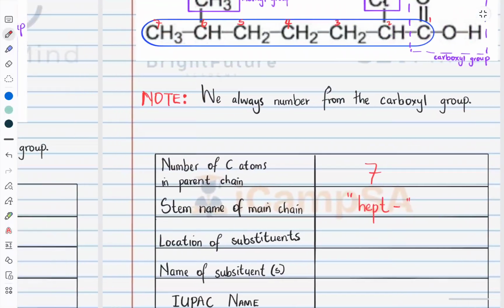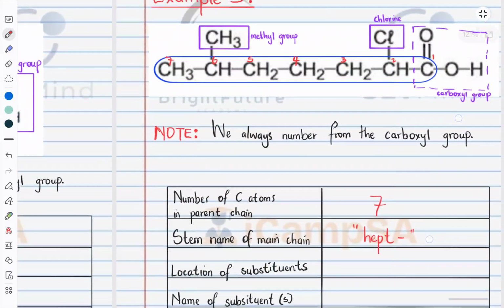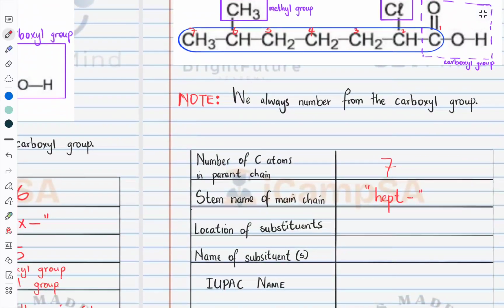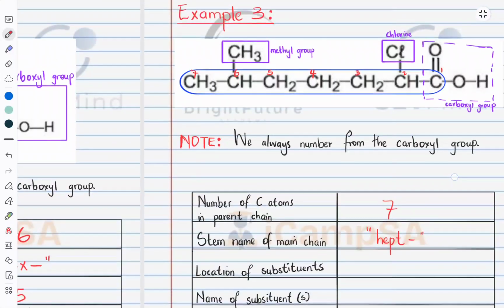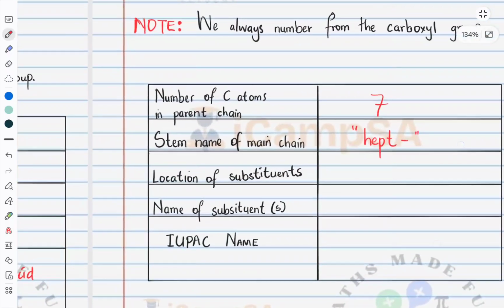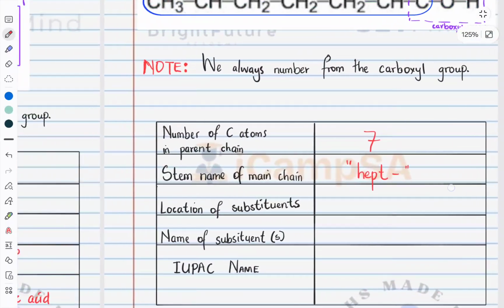If of course this carboxylic acid didn't have the methyl group and the chlorine, it would simply be heptanoic acid, and that's it. But now it has chlorine and the methyl group, and we have to include those two in our IUPAC name. So the name will change to something a bit more interesting.